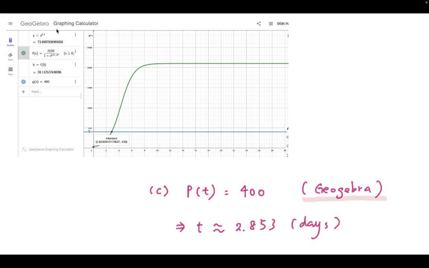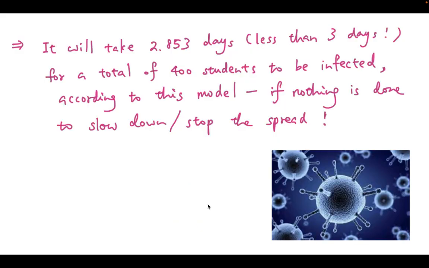And again, I use the graphing calculator in GeoGebra, and I create another function g(x) equals 400, and then I track the intersection between f(x) and g(x), and this is the intersection point. So then you can see from here that P(t), when it's equal to 400, t would be around 2.853 days.